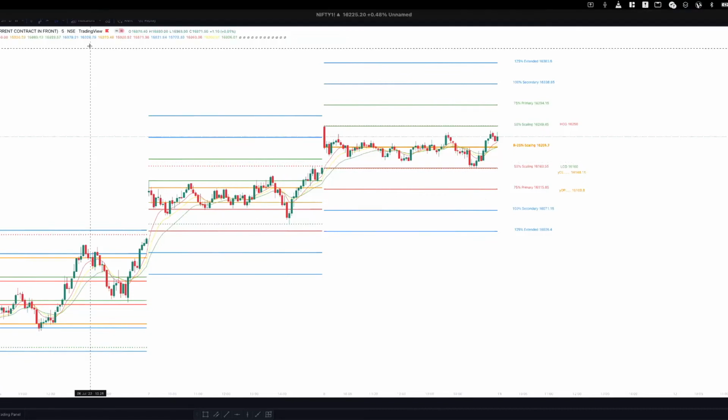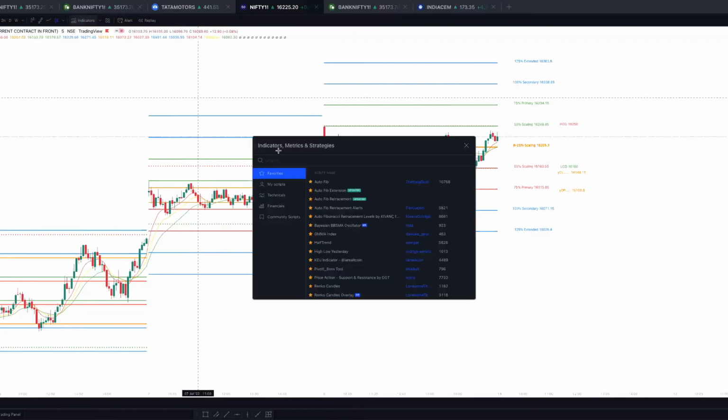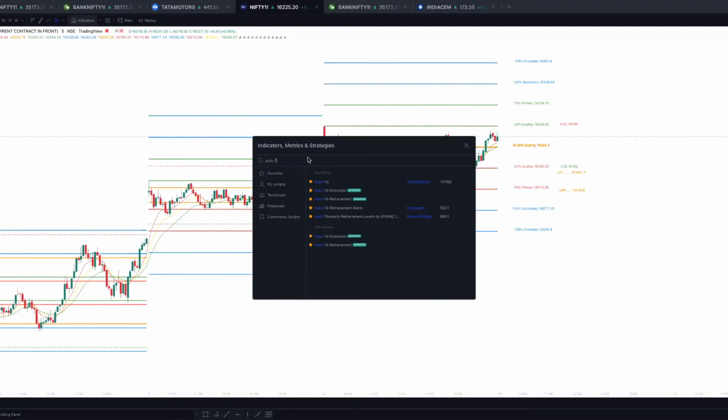Then we looked at the auto tools of Fibonacci. So just type auto Fib. You will get both of them, auto Fib extension and auto Fib retracement in technicals. These are inbuilt too, so there would be no author in this. You can get them easily.